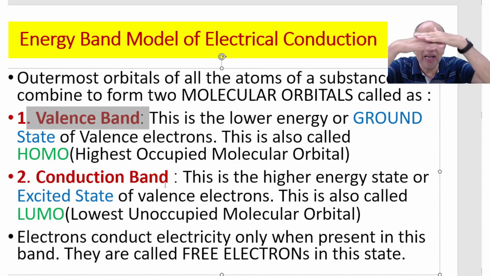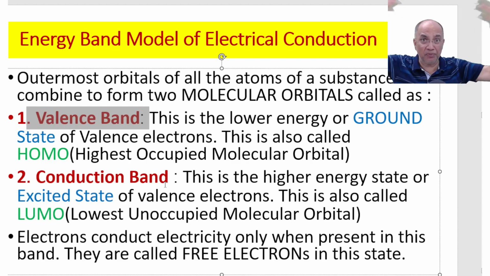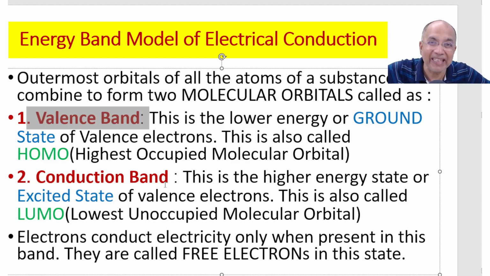Valence band is the collective molecular orbital of all the atoms, where the valence electrons of all the atoms remain, but they are not capable of conducting electricity once you apply a potential difference.